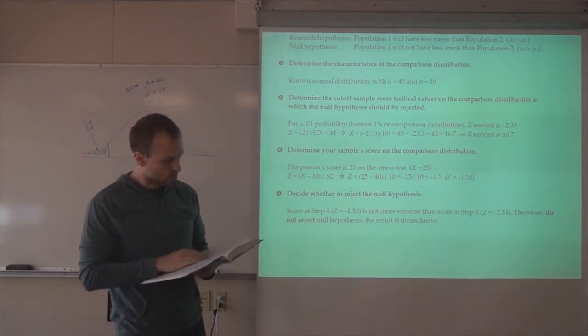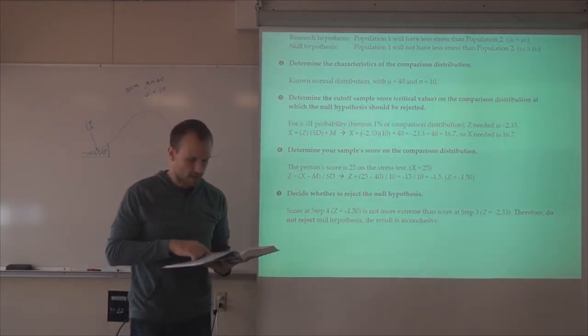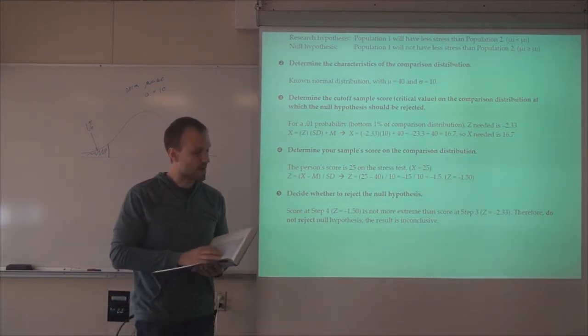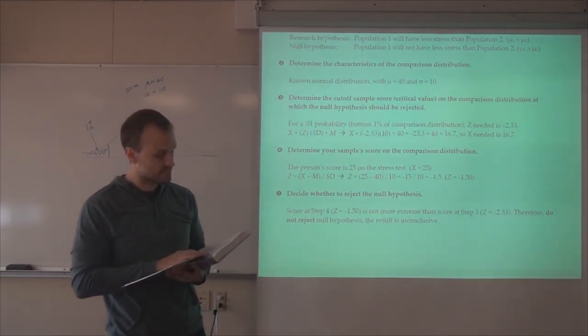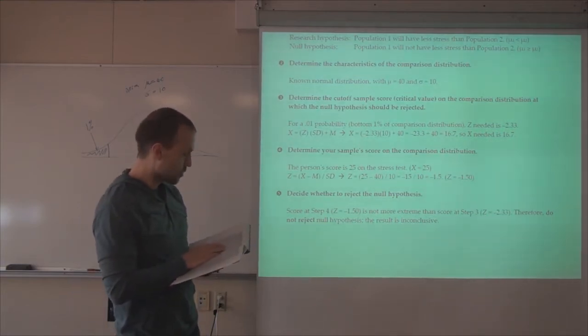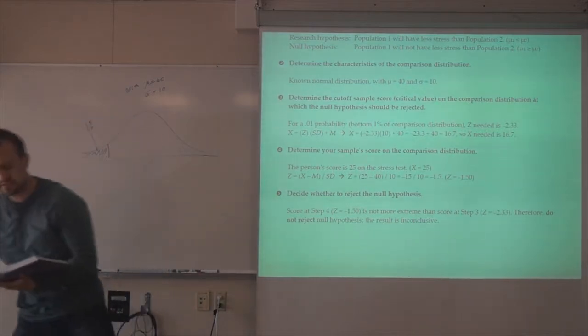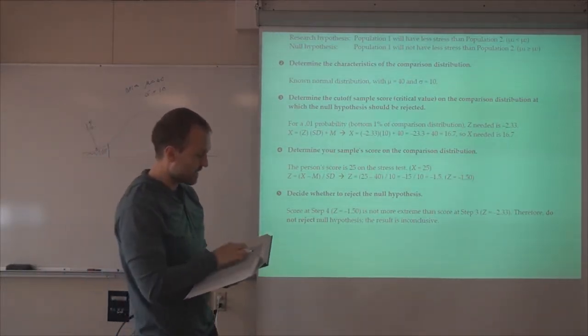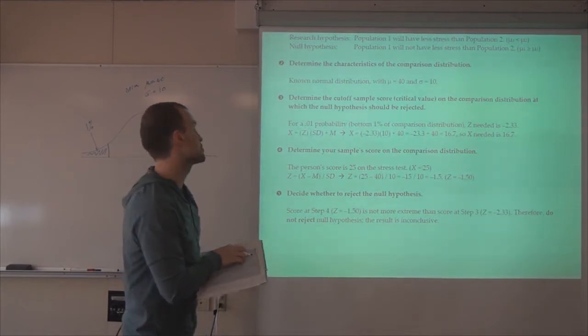So I'm going to go down in the tail column until I hit 1% on page 676, and I get 0.99, which is the closest value, which in my table corresponds to the right tail for a Z score of 2.33.